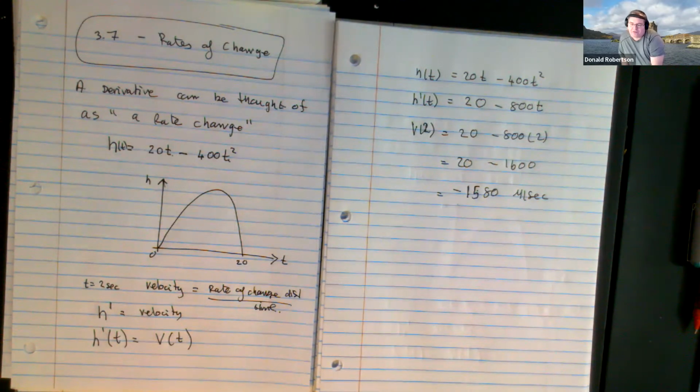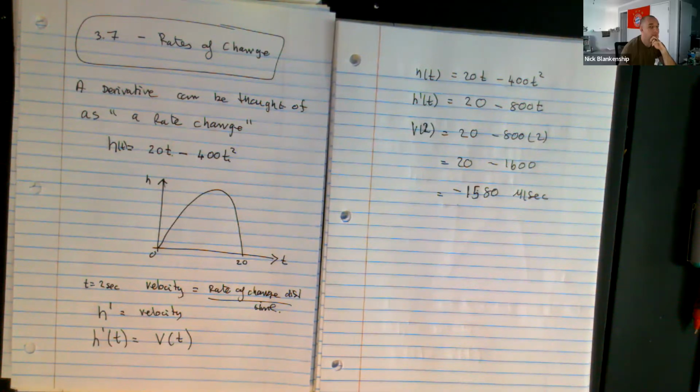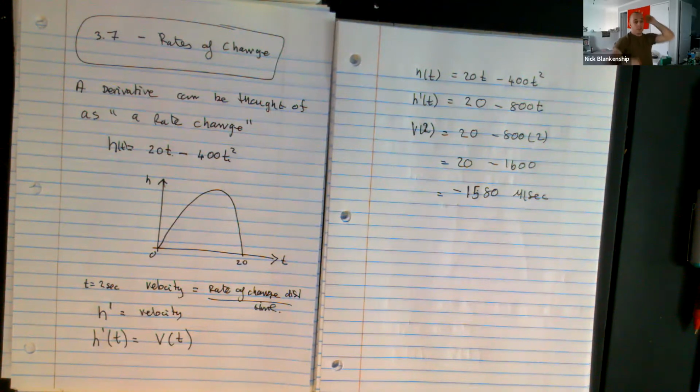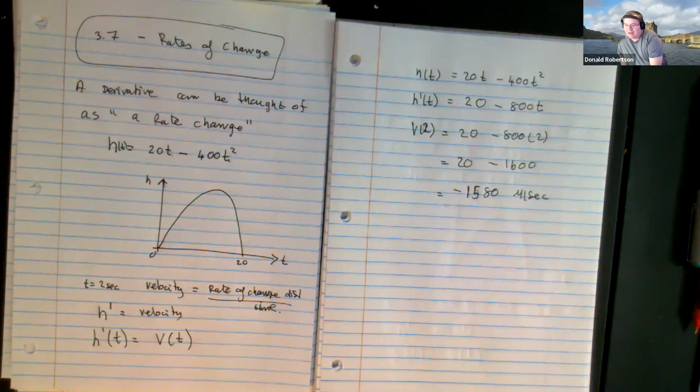Does negative velocity seem strange to you? It's just directional. So I guess that means that it's coming down, isn't it? And since this is a rocket, it's definitely coming down at a really fast speed, right?